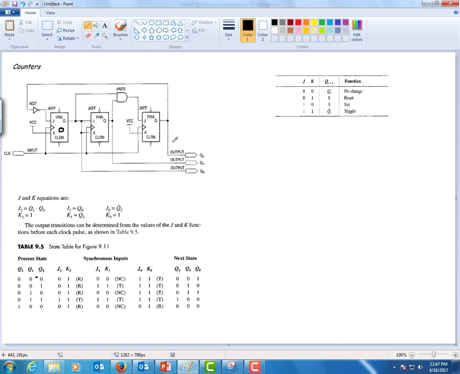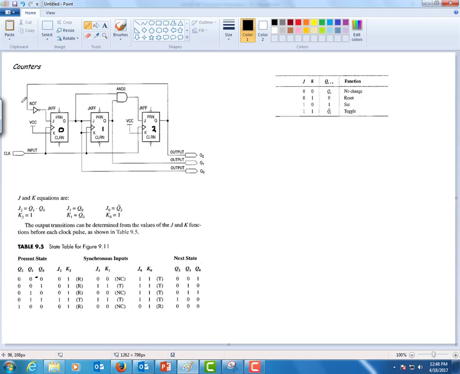If I look at Q2, come up here, I know that this is 2. Now, you don't have to do this when you're doing your homework. This is something that I do because I always want to make sure I go back to the right flip-flop and keep it straight. So now, let's try to figure out these JK equations.